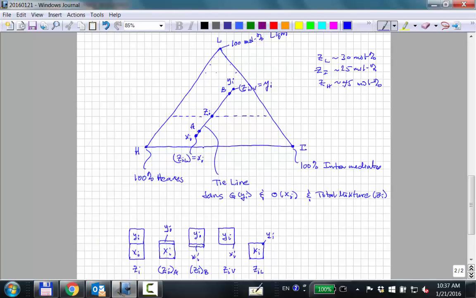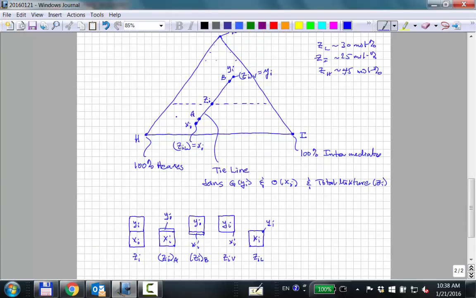So you can have any infinite number of total compositions Zi between Xi and Yi in any ratio you want to keep. And Mother Nature doesn't wake up. The equilibrium of the system remains unchanged. The methane chemical energy is the same. Okay? Nothing changes. But the total composition has changed. And that's the characteristic of this tie line, that the chemical energy of the system doesn't change, but the same equilibrium is always achieved with Xi and Yi filling the container in different amounts.